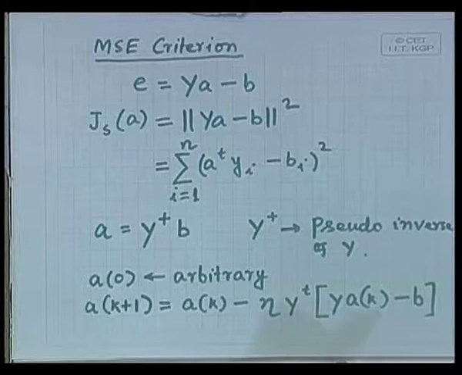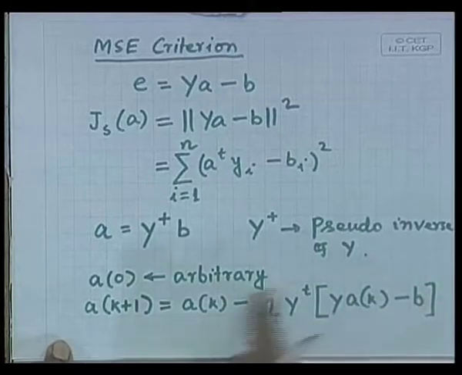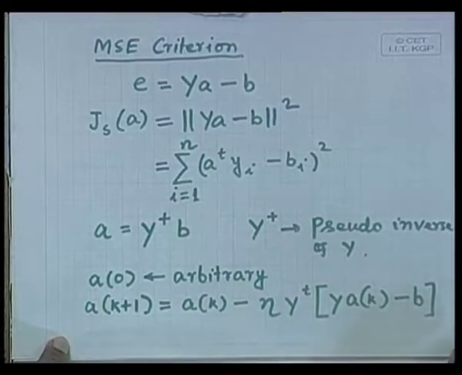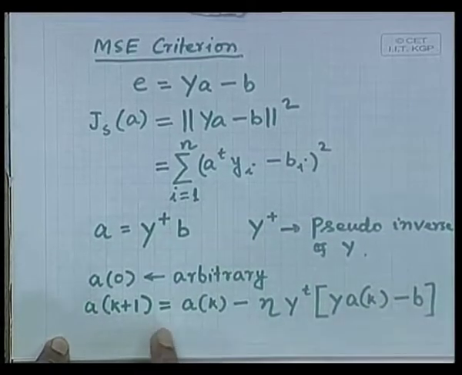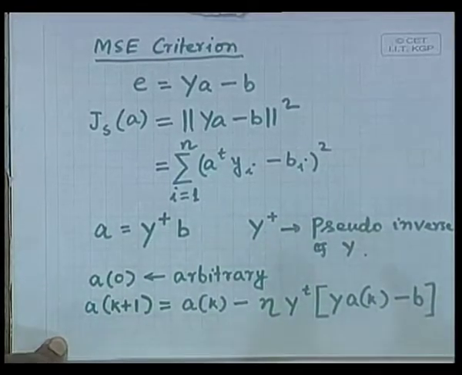Okay. But still you find that here we are considering all the samples together to find out the solution vector. So, again the problem of memory and working with large matrices.